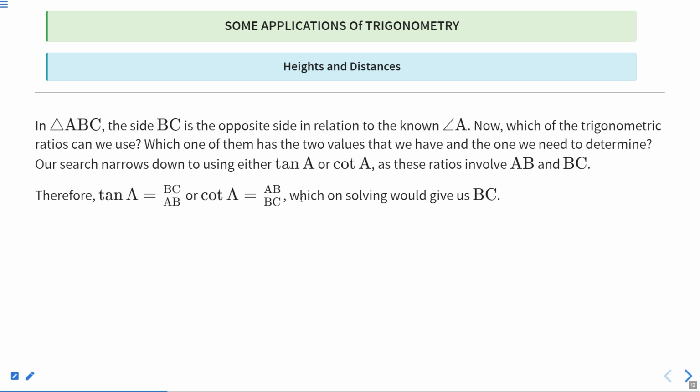These ratios involve AB and BC, which is why we can use either tan A or cot A. Tan A is equal to BC by AB, or cot A is equal to AB by BC. Either gives us BC.